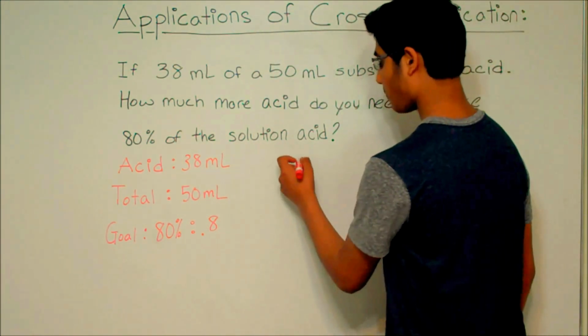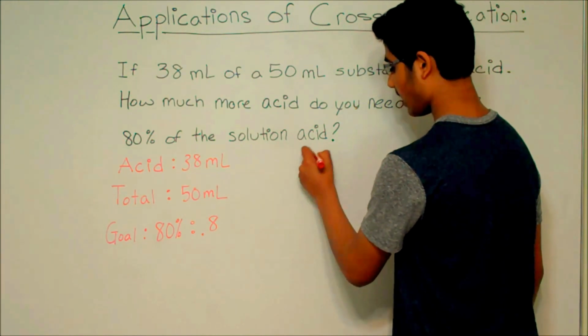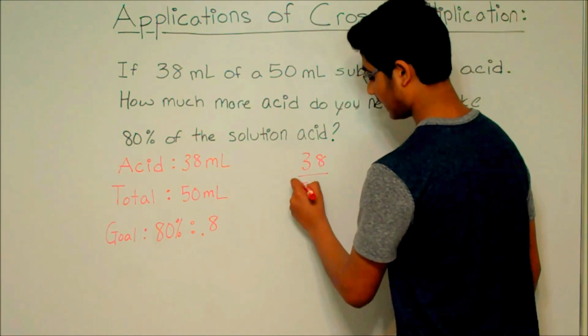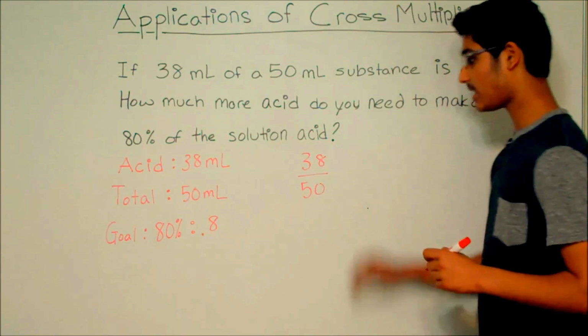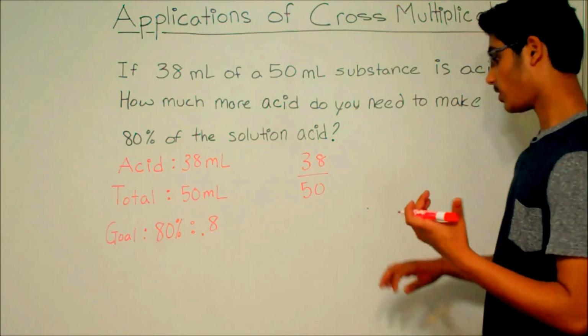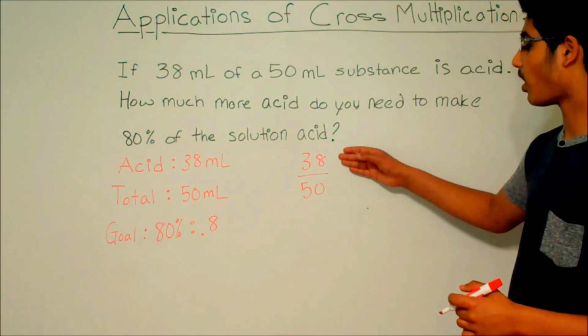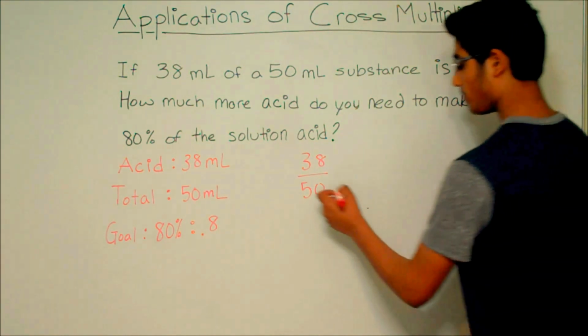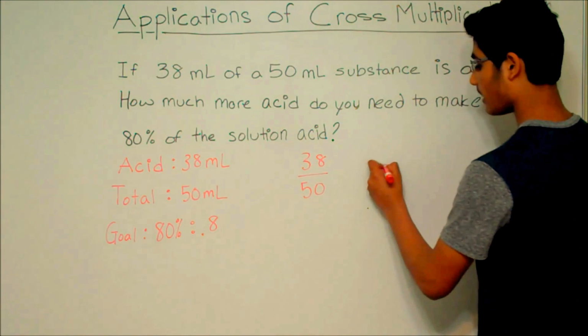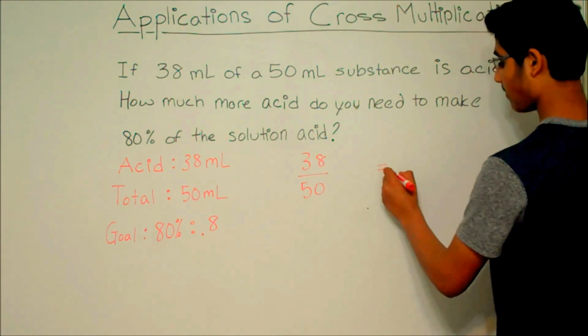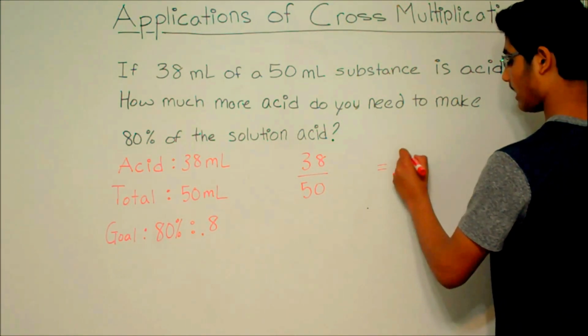In the numerator, we have the acid, 38 milliliters over 50 milliliters. The reason it's acid over total is because when you get a percent, it is in part over whole form. And our goal is for this mixture to have 80% acid.